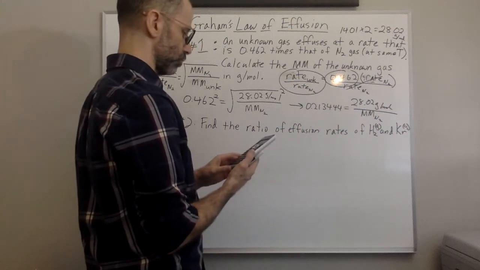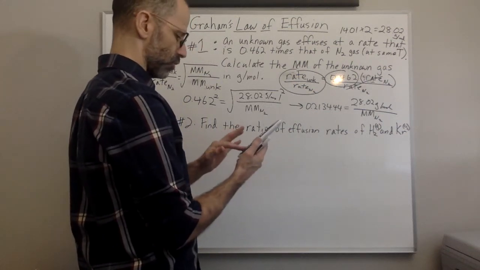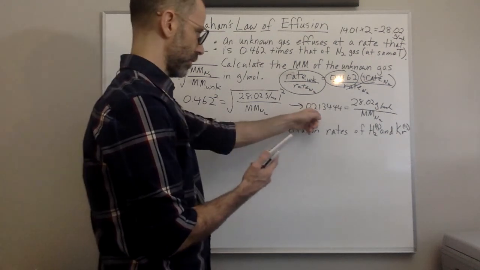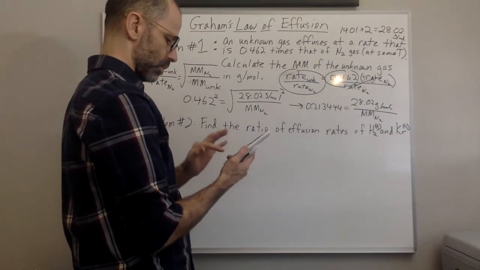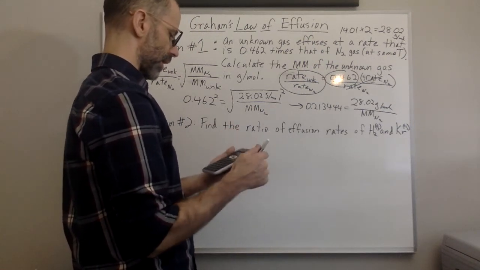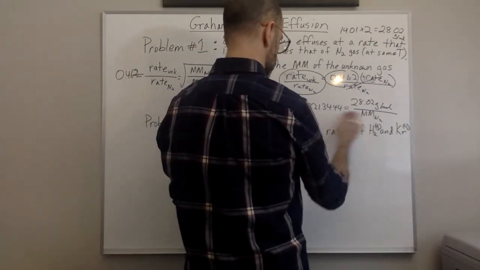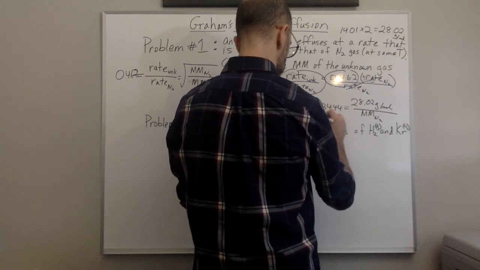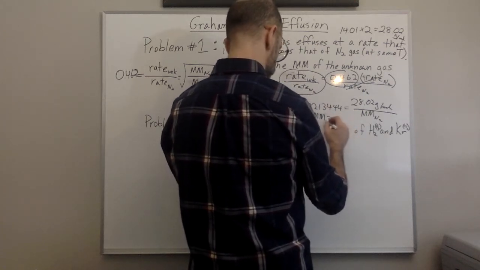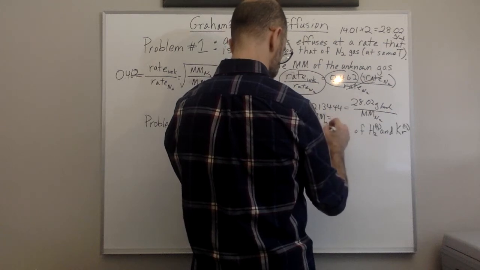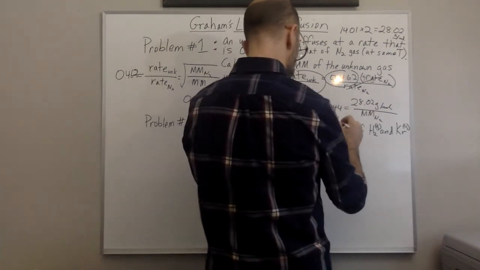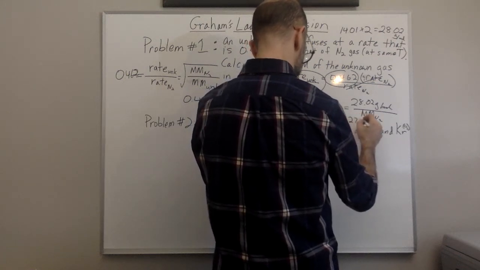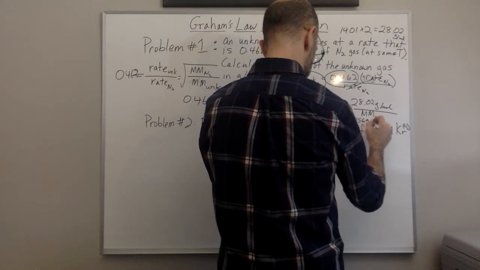I'm going to take 28.02 divided by this, equals, and I get a molar mass of this unknown gas: 131.2756 grams per mole.